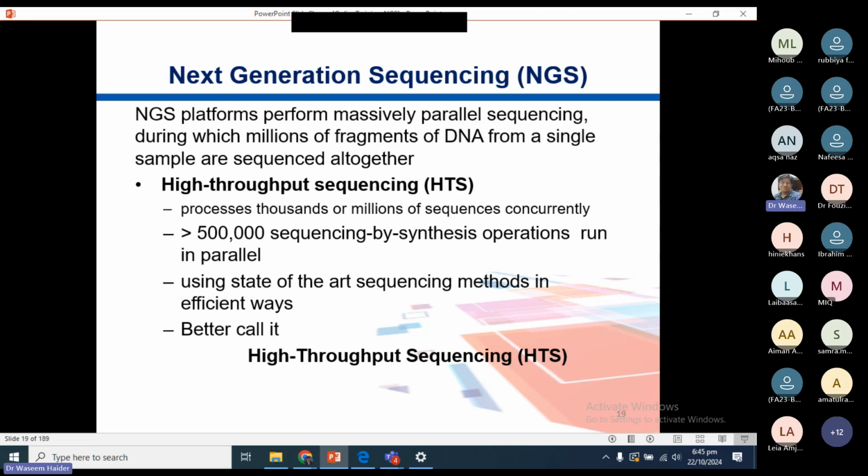We should better call it high-throughput sequencing, but NGS was the catchier word, so that's why we are calling this online course NGS. We did not call it HTS, to catch more of your attention.